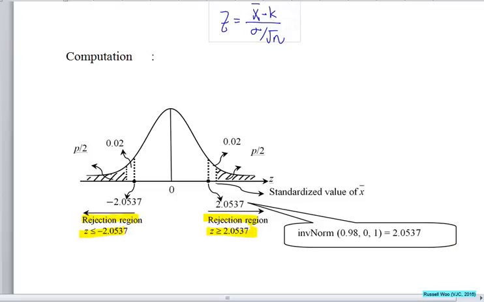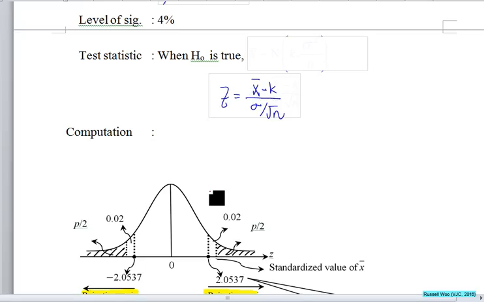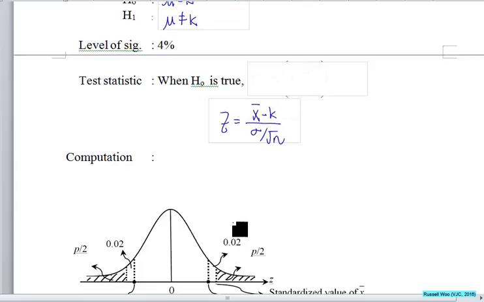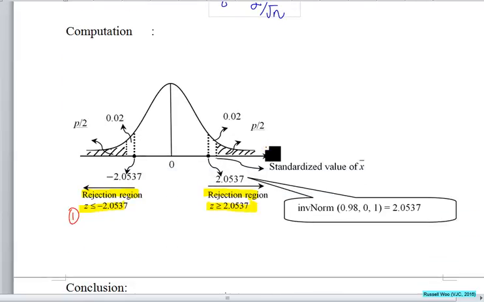This is the first thing to do. How do we calculate the rejection region? We use the level of significance, which is given as 4%. If the level of significance is 4%, then this must be 0.02, and this one must be 0.02.